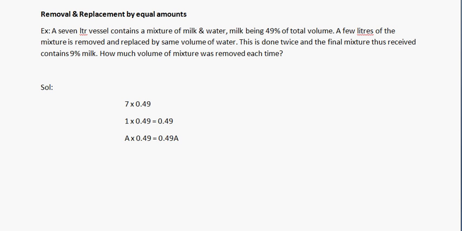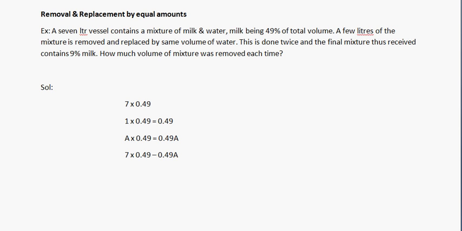So what is the remaining milk in the mixture? It would be 7 into 0.49 minus 0.49a. After the first removal, this would be the amount of milk. Now out of this we again remove a liters. Now the percentage of milk is not 49%, it has reduced from 49%.